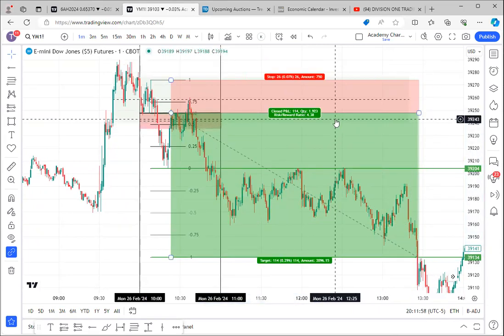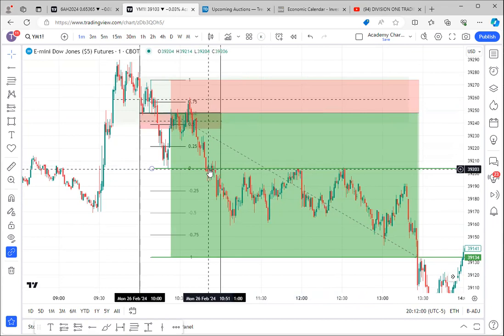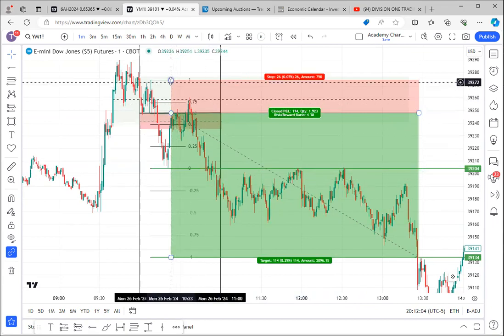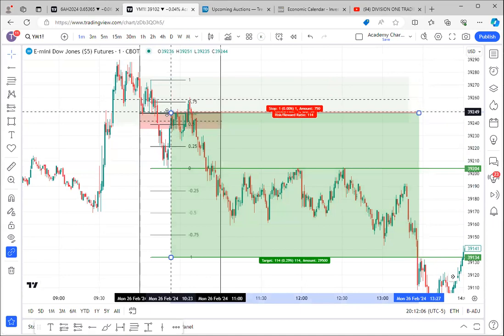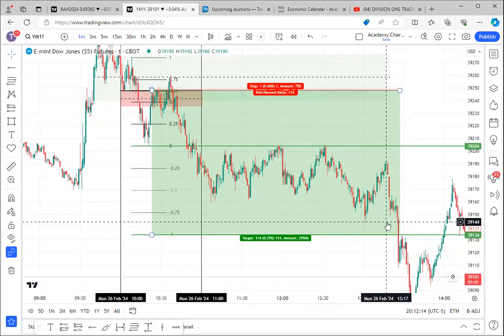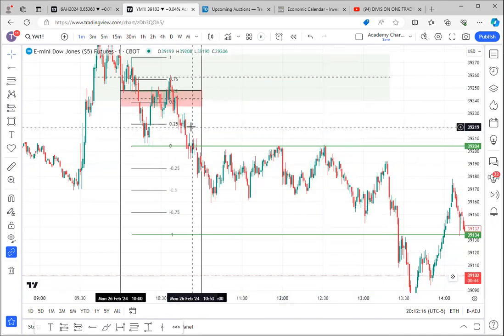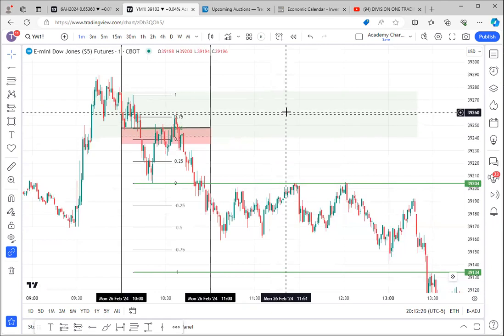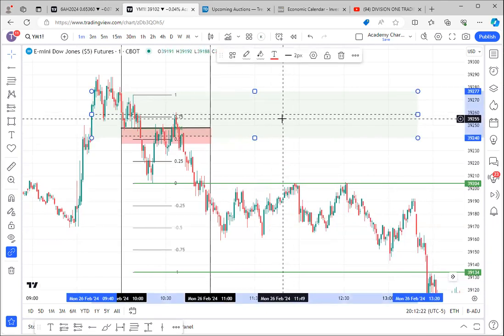You can see it's a 4 to 1. Once you get down here past that old low, you can always bring your stop down as well. And so it's no risk on the trade. You could even trail your stop if you wanted, somewhere around break even and wait for it to hit a solid target. Now, is it going to do that every day? No. That's why you need to take partials and make sure you secure something at 2 to 1.